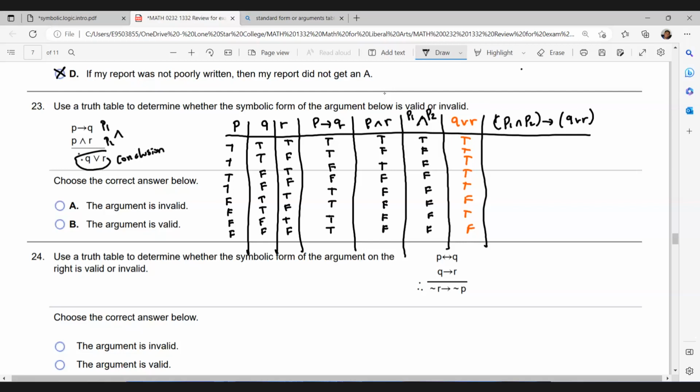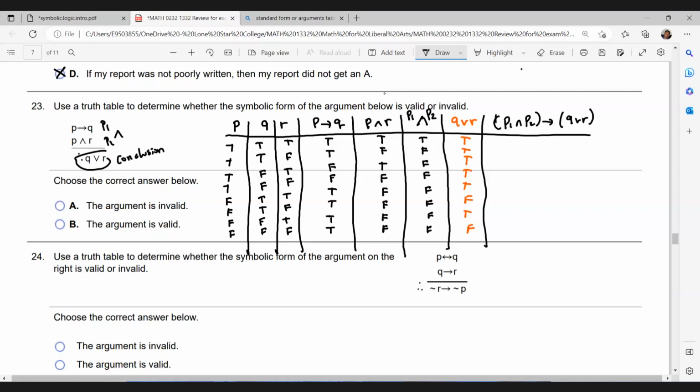If the final outcome is all true, then this entire argument is valid. But if at one point it turns out to be false, then the entire argument will be invalid. So this better be a tautology if it is valid.